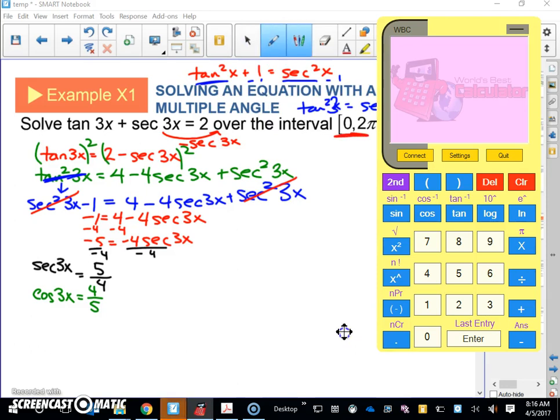But we know 3x is going to equal inverse cosine of 4/5. That's not a chart question. That's how I knew it was going to have to be on the calculator. Inverse cosine 4/5. At this point, let's just call that 0.64 to save time.